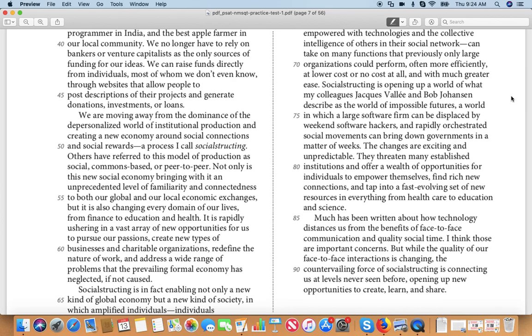Take it from line 72, social structuring. Social structuring is opening up a world of what my colleagues Jacques Vallée and Bob Johansen describe as the world of impossible features, a world in which a large software firm can be displaced by weekend software hackers.